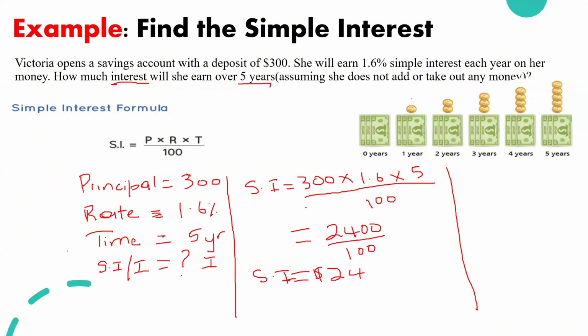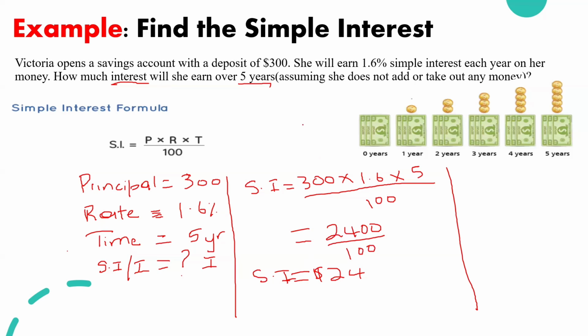On that $300 that she deposited in her account, over a 5 year period, based on the interest rate of 1.6%, she will earn $24. So at the end of 5 years, she will have $324 in her account. Bear in mind, she did not add or take out any money.